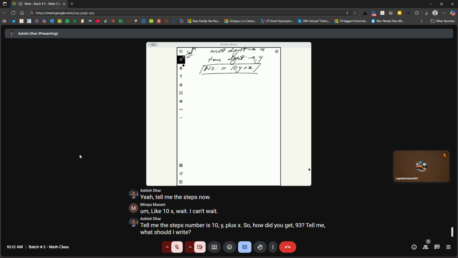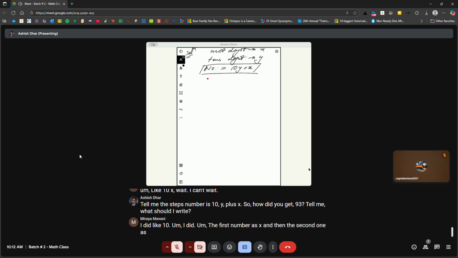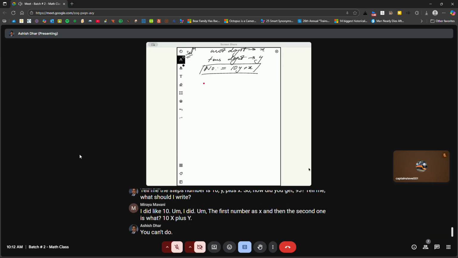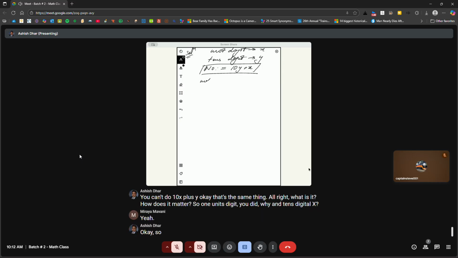I did the first number as x and then the second one as y. 10x plus y. Okay, that's the same thing. In one you did units digit as y and tens digit as x.